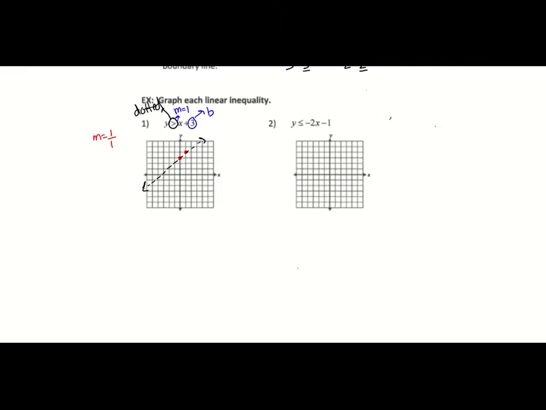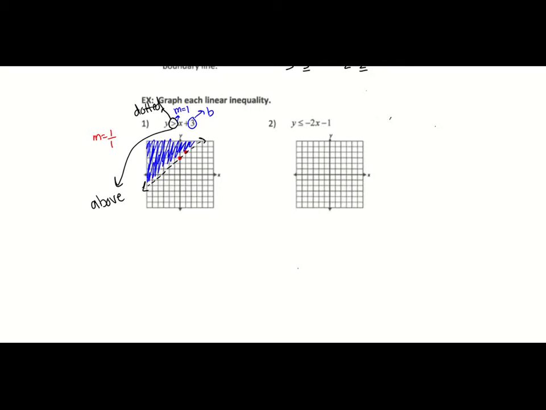Then finally, step 6, determine if the shading will be above or below the boundary line. Since I have a greater than symbol, this means it is going to be above. So then my last step, I can shade in everything above that dotted line. And that is how we graph the linear inequality.